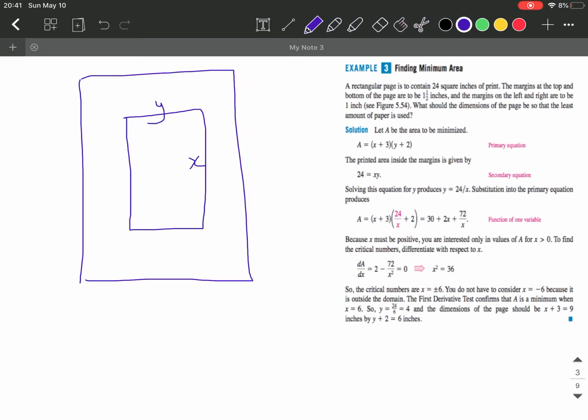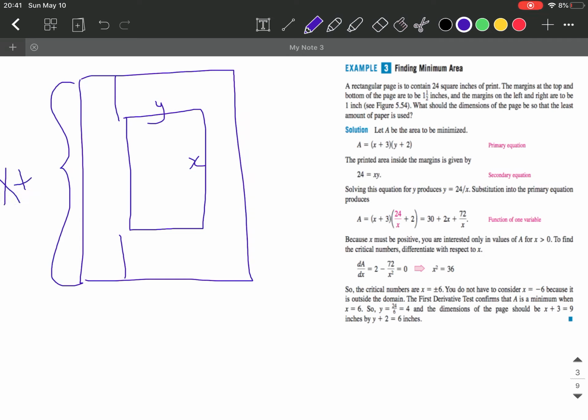Okay, so they told us also that at the top and bottom we have 1.5 extra inches. So this distance right here is 1.5, and this in the bottom is 1.5. So the whole page, if you notice, is X plus 1.5 at the top plus 1.5 at the bottom. So that's X plus 3.